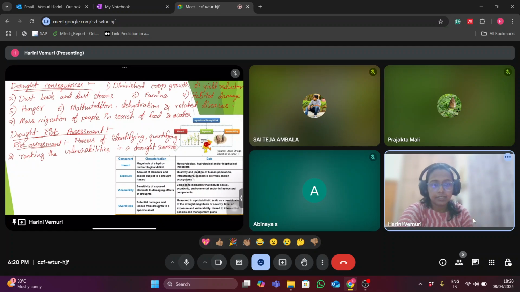So in risk assessment, what we are going to do is the process of identification, quantifying, and ranking the vulnerabilities that we are facing in a drought condition.